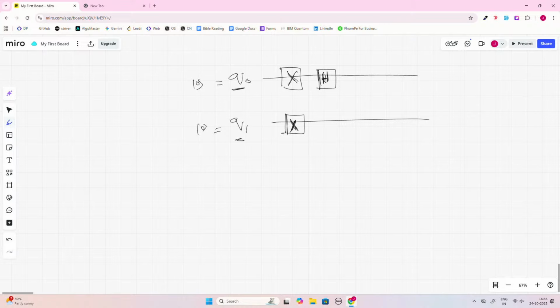Then I should flip it and make it -1. Which gate? Z gate. So this is how the circuit looks if I want to apply the operation.